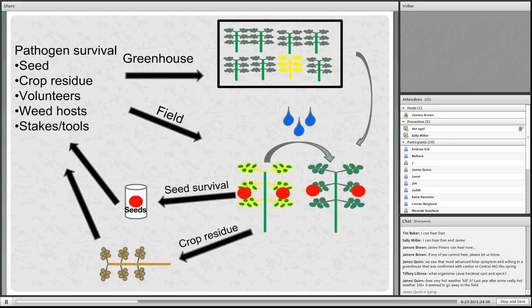So if you have a seedling like this, and this is once you go to the field, then it can spread by water in the field from a diseased plant here to a healthy plant.